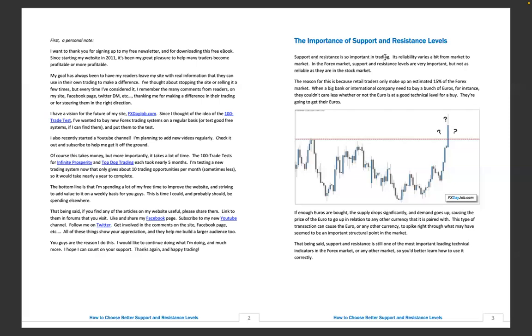Support and resistance is so important in trading because its reliability varies a bit from market to market. That means that support and resistance can be found on any financial market you're trading. In the forex market, support and resistance levels are very important, but not as reliable as they are in the stock market, because we have different types of financial markets.